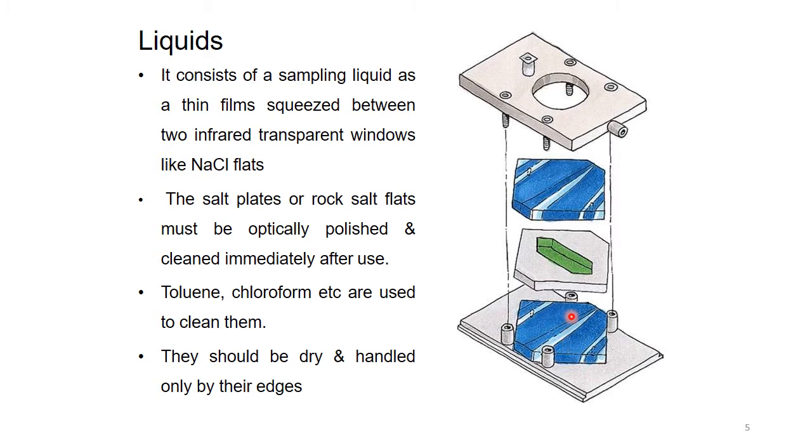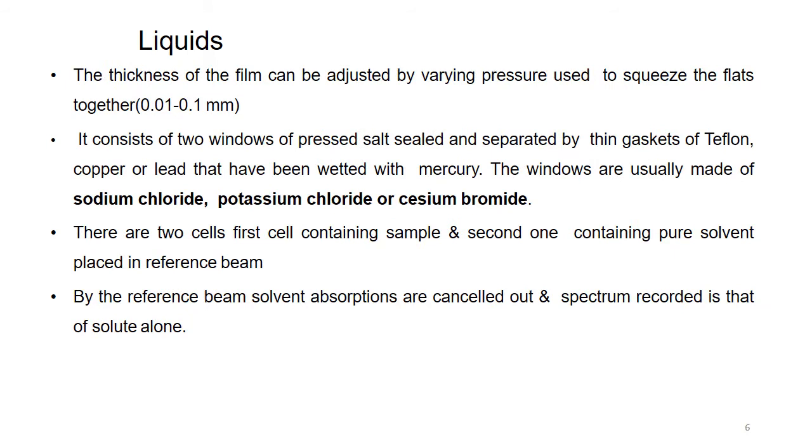The salt plates or rock salt flats must be optically polished and cleaned immediately after use. Toluene and chloroform are used to clean them. They should be dry and handled only by their edges. The thickness of the film can be adjusted by varying the pressure used to squeeze the flats together.